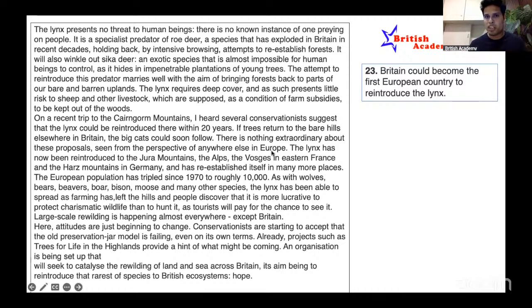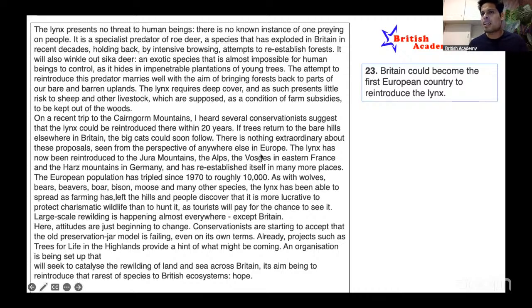So there's no major difference. The lynx has now been introduced into the Jura Mountains, the Alps, the Vosges in eastern France, and the Harz Mountains in Germany, and has re-established itself in many more places. So it's not just Britain which was the first one to reintroduce, as it has already been reintroduced in many places that are highlighted over here.